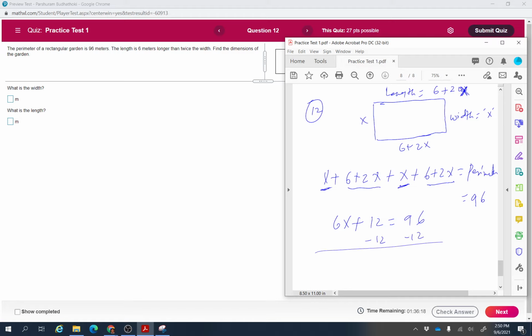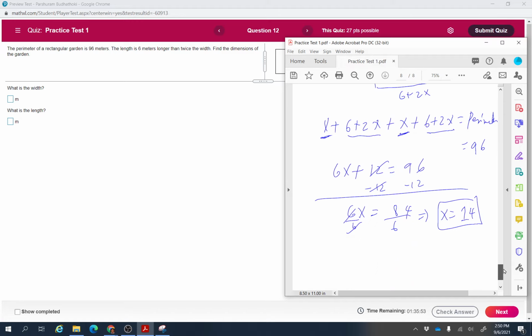So subtract 12. 6x equals 84. Just divide both sides by 6. x is 14. So the width of this rectangular garden is 14 meters, and then length is 2 times 14, which is 28, plus 6 is 34, right?